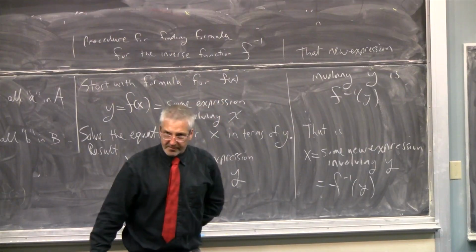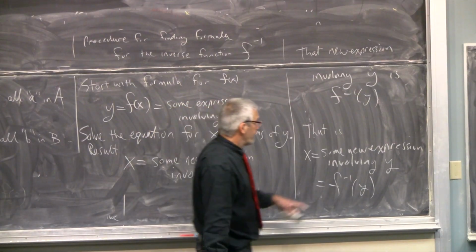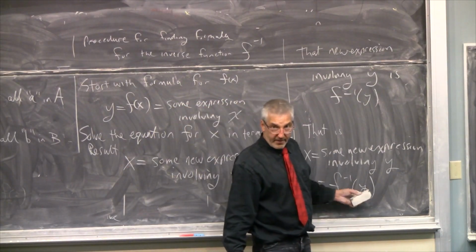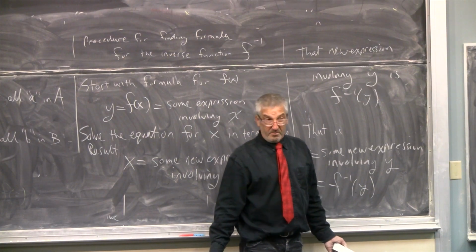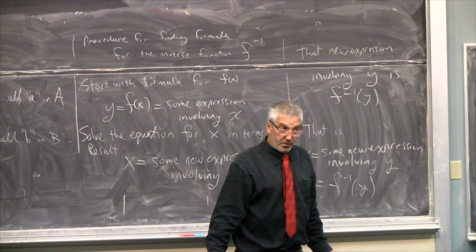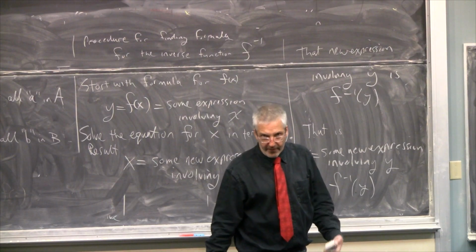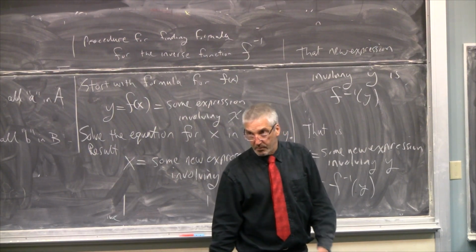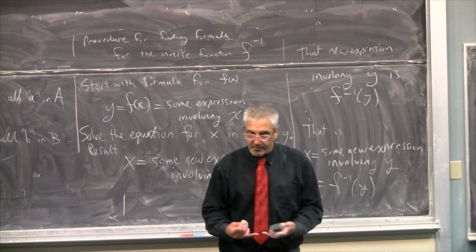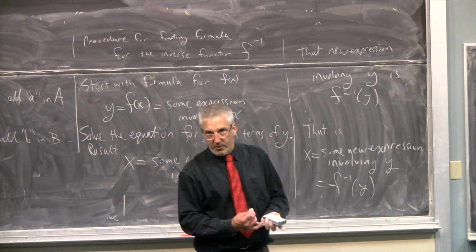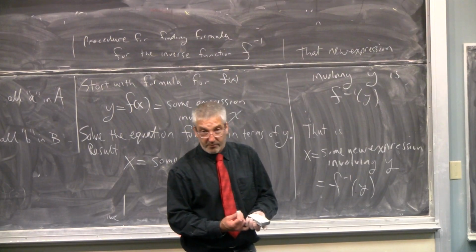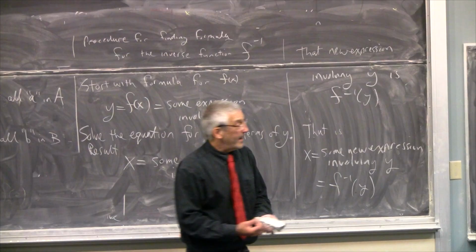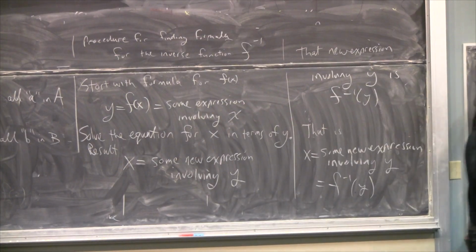And then there's an optional step. You're going to have some expression involving y. That expression is your inverse function with y as the variable. Some people don't like having y as a variable. They like having x as a variable. But we're used to the idea that variables can be different letters. We've used t as a variable. We've even had functions where there is no variable. We just have an empty function.